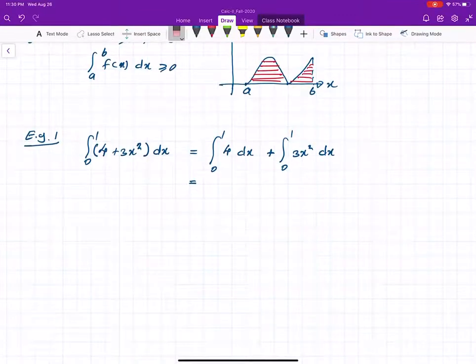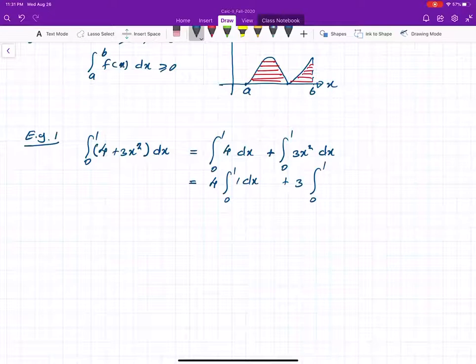So you take 4 out, and then you integrate 1 with respect to dx, 0 to 1. In the next case also you can take 3 out, and then you integrate x squared.